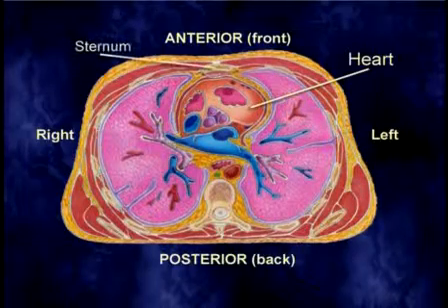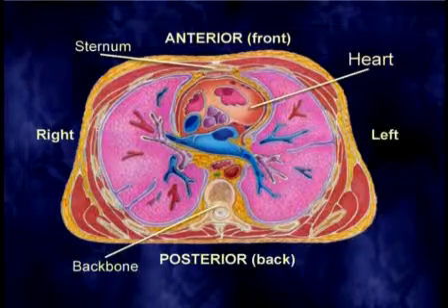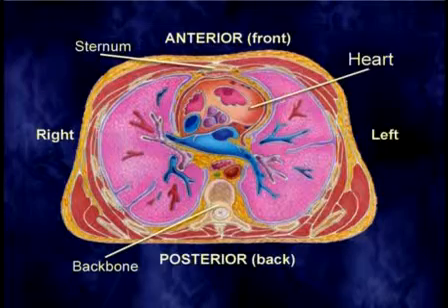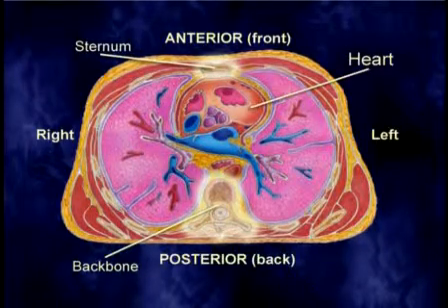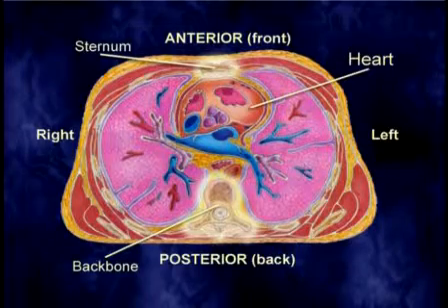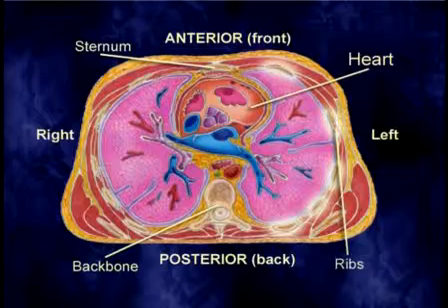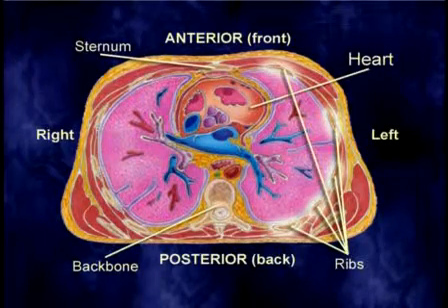Here's the sternum, or the breastbone, and here is where the backbone comes into the chest cavity. So you have two very firm, fixed structures on either side of the heart. The sides are pretty soft. That's where the lungs are. And if you think about what's over here, these are the ribs coming around the side. Now, the ribs are very flexible and compressible.